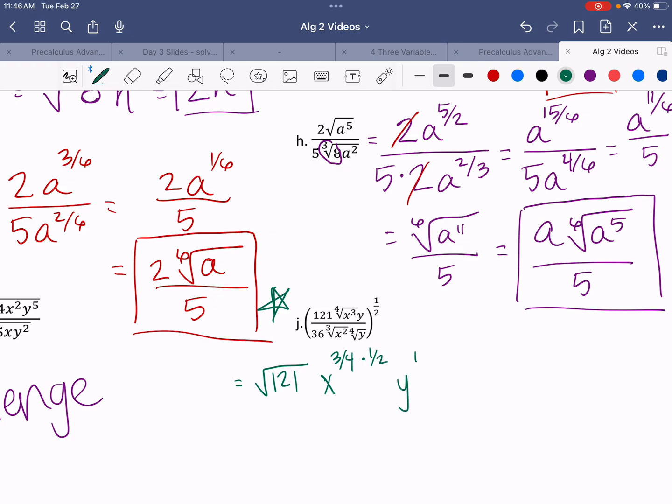The y is going to get multiplied by the 1/2 power. In my denominator, everything's going to get the 1/2 power. So the square root of 36, x to the 2/3 gets the 1/2 power. Y to the 1/4 gets the 1/2 power.